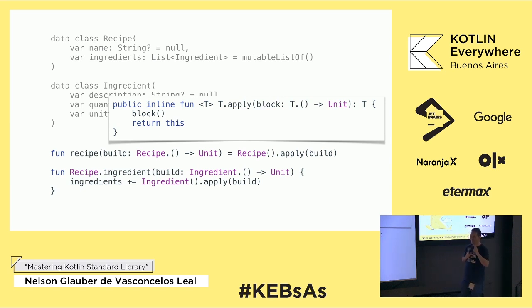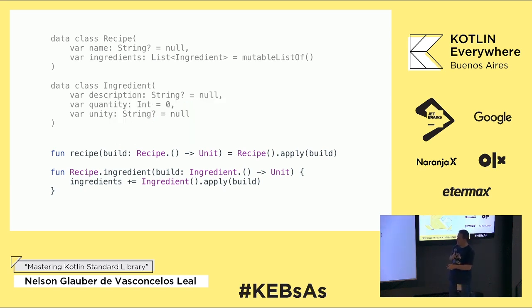Search for this after my talk. This is very powerful because you are adding here an extension function, which is a lambda, to your call. And here I'm creating a recipe calling apply, and inside of apply, everything is recipe. So this lambda inside of apply is a recipe.